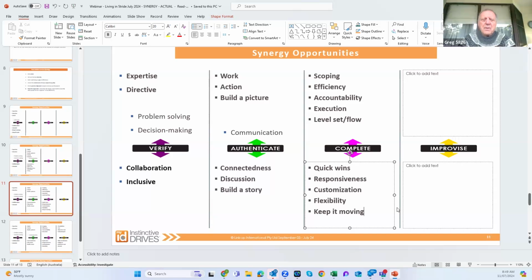Yeah. And the results go beyond the leader as well. If it's truly a synergistic team, obviously the leader needs to have set that environment up, but the team then needs to continue, whether the leader's there or not, to operate in that synergistic approach.